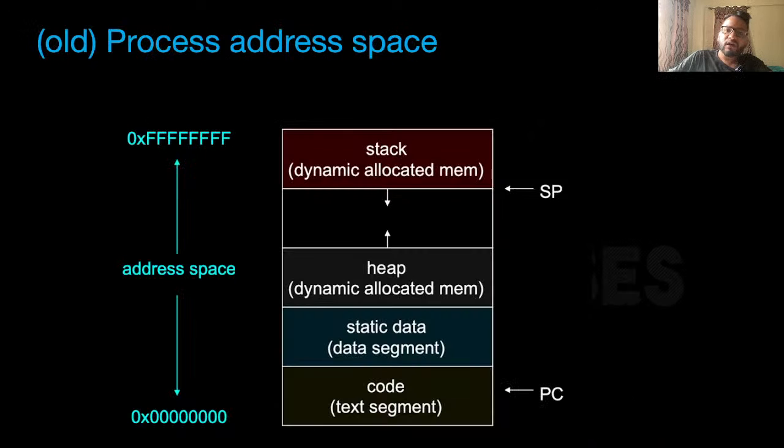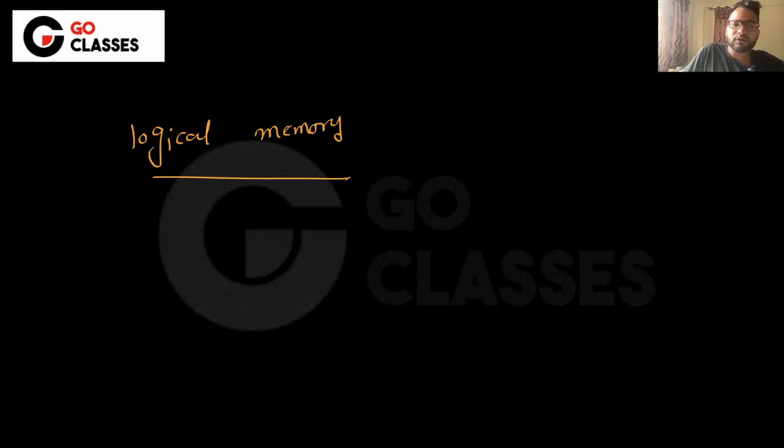Okay. Now going further, this is about the old process address space. Address space means the space that it is using, the total memory it is using. Currently it might not be 100% clear what this code and static data and these kinds of things are. But once you go to something called logical memory, it should be clear. What is logical memory? Let me give you a glimpse. As the name suggests, it is logical. Logical means that it might not be the real memory.